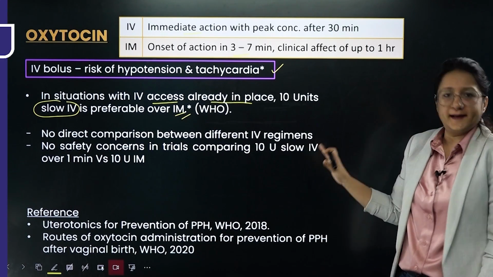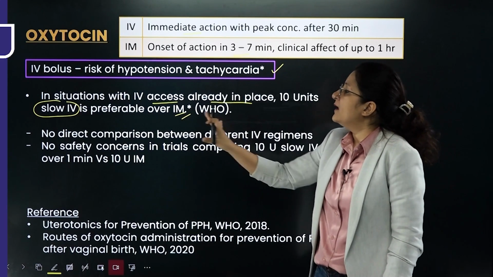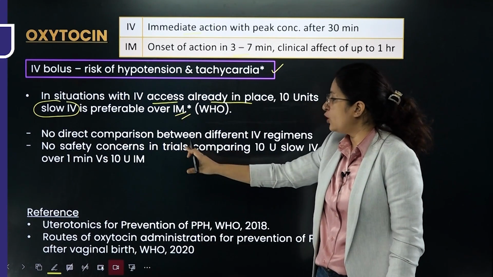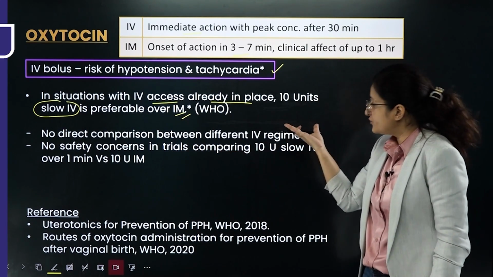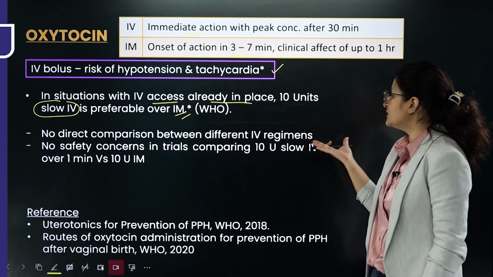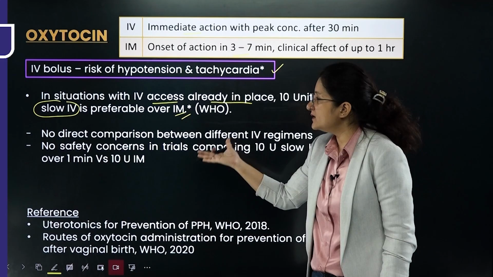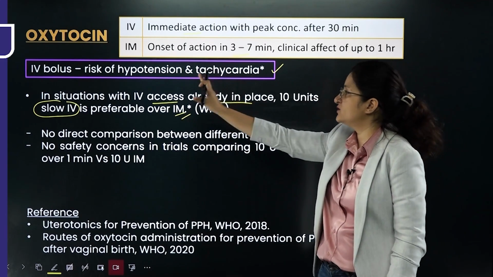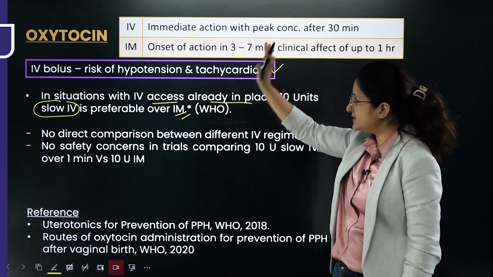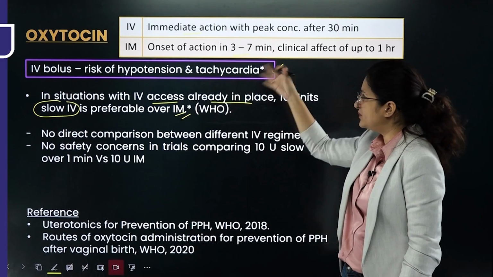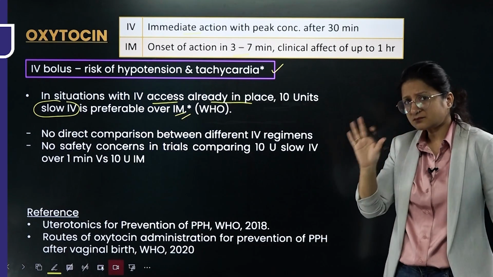However, they do go on to say that no safety concerns have been documented in the trials. Trials which compared 10 units slow IV over 1 minute versus 10 units IM, provided that there's no risk of hypotension, pre-existent hypovolemia is not there, and pre-existent tachycardia is not there.